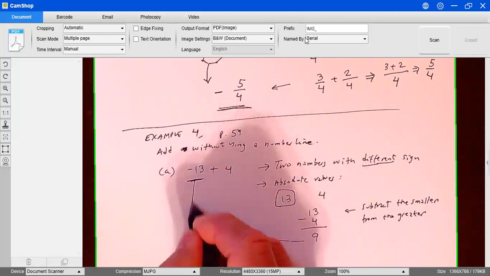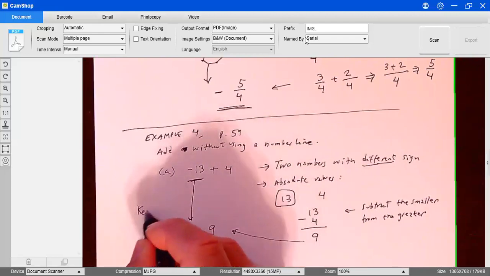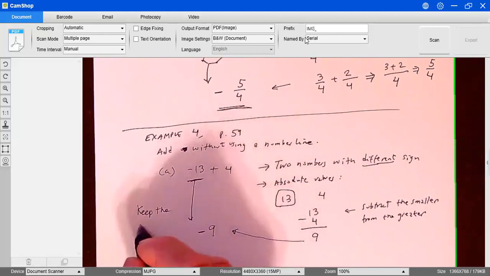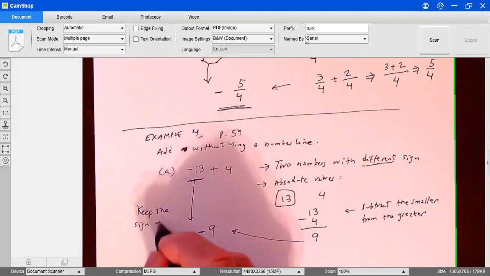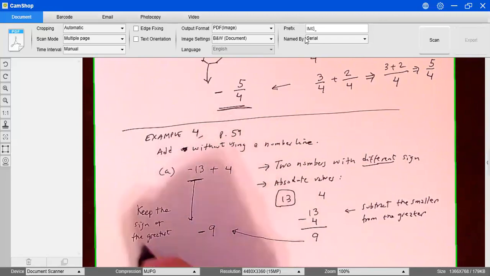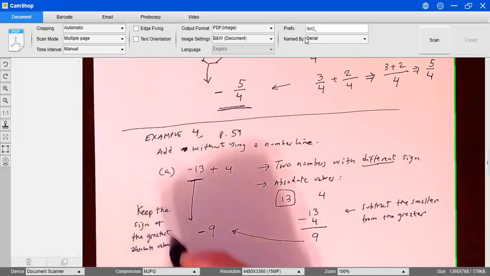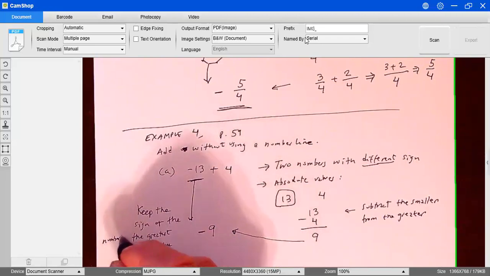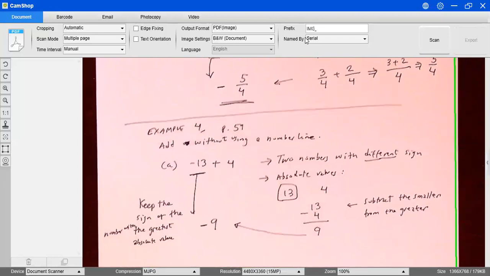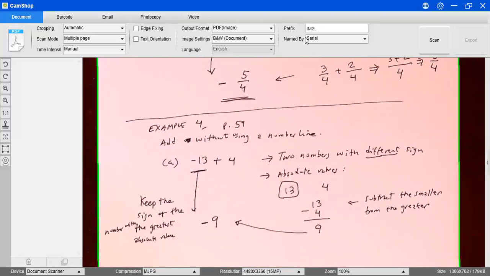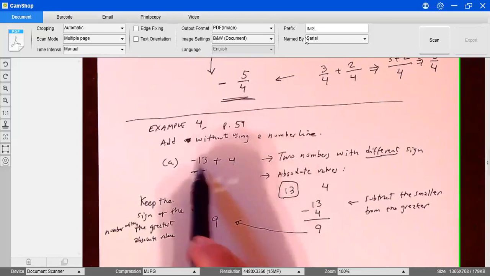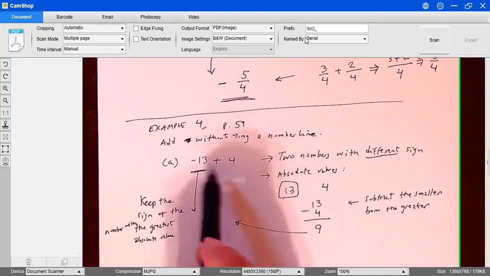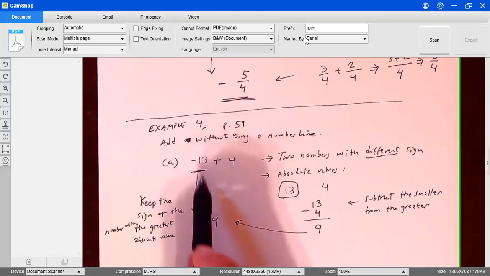So you're going to keep the sign of the number with the greatest absolute value. In this case, the greatest absolute value is from this number, and the sign is negative.